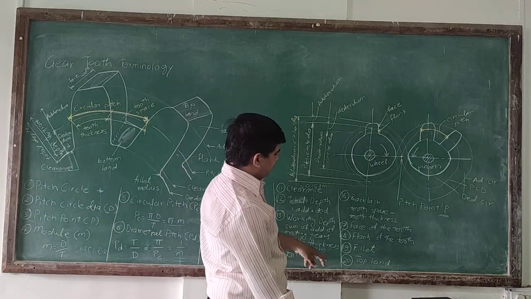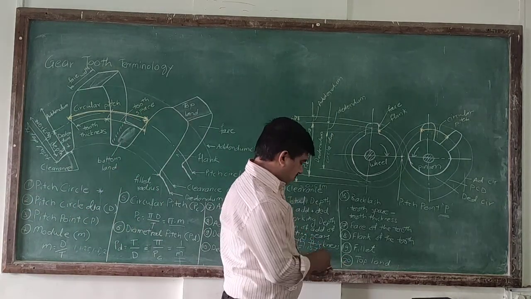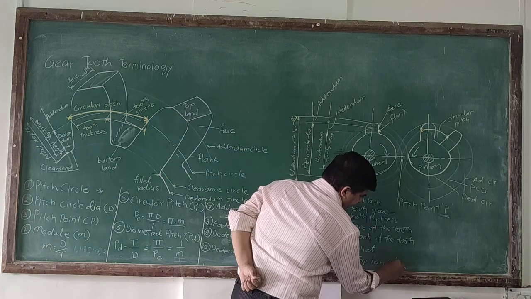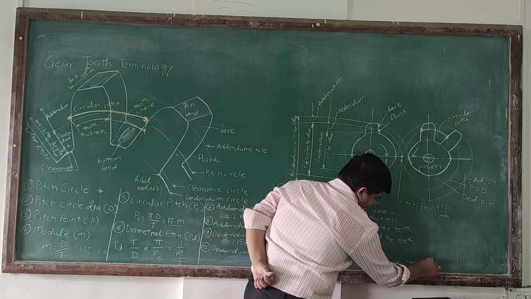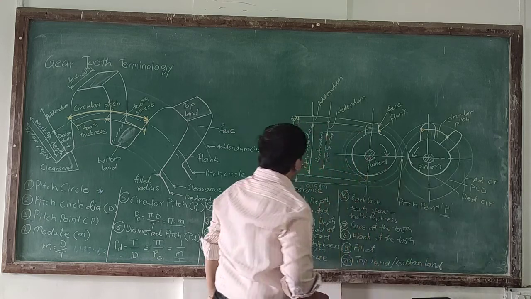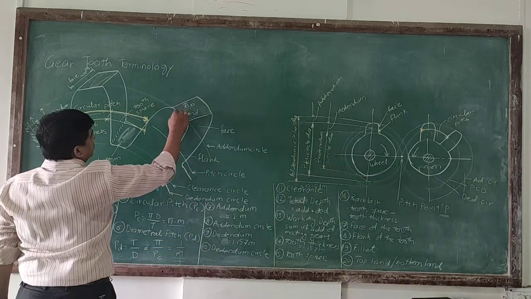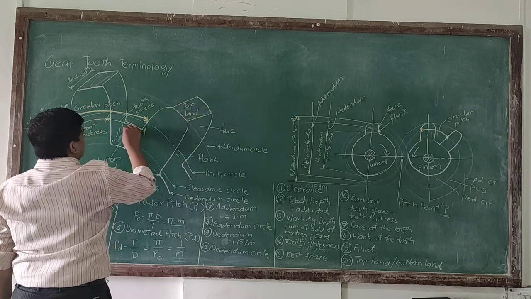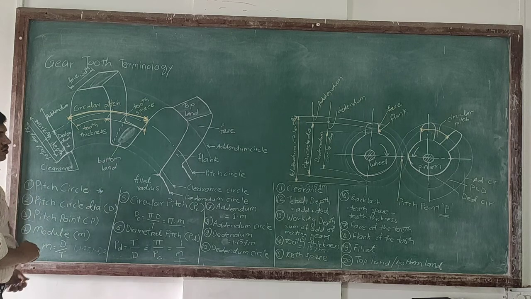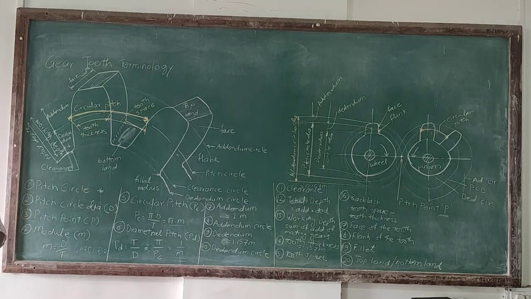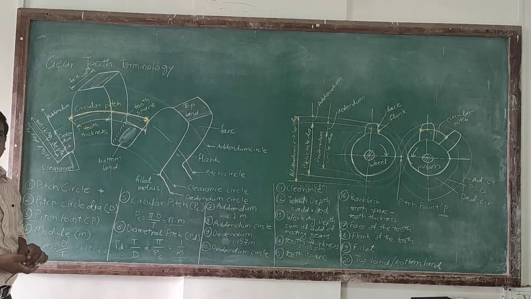And the last one is the top land or bottom land. So this portion is nothing but the top land. This portion is nothing but the bottom land. Okay. I hope this terminology is clear to you.